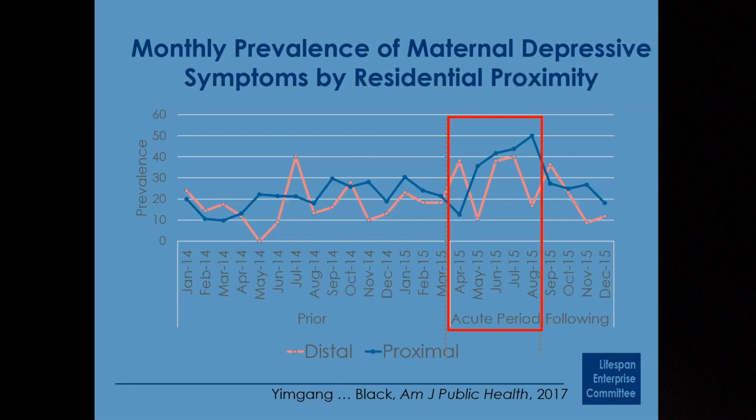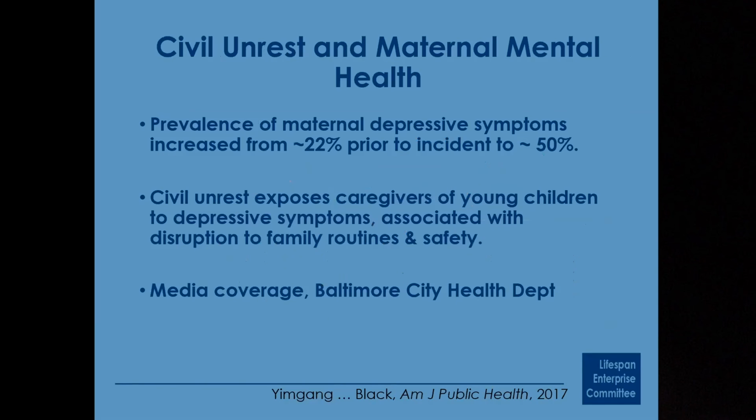So the prevalence of maternal depressive symptoms increased in the proximal communities. So they increased up to 50%. So we learned that civil unrest exposes caregivers of young children, these are very young children, they're 3 and under, to depressive symptoms.